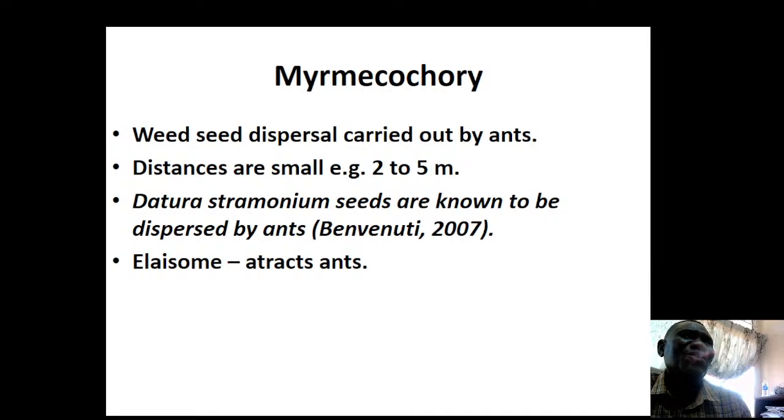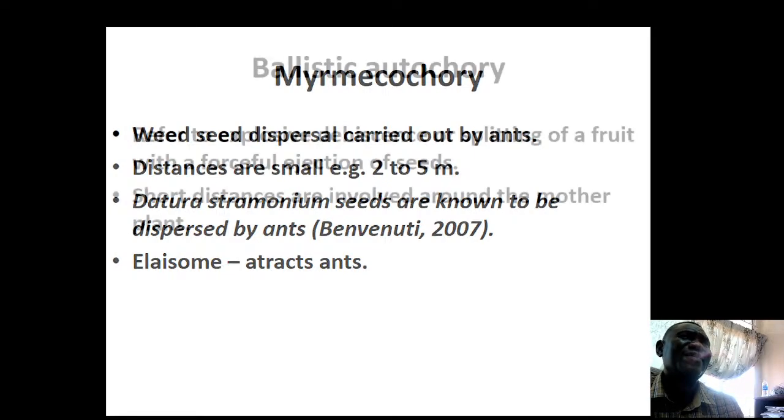And we have Datura stramonium seeds, which are known to be dispersed by ants, as reported by Venuti in 2007. Now, these seeds have got elaiosome. It's a chemical which can attract ants, and in the process, the ants end up distributing these seeds.